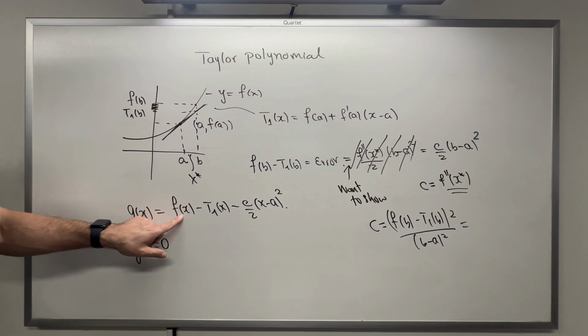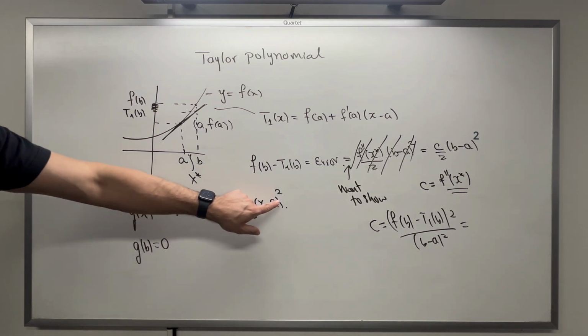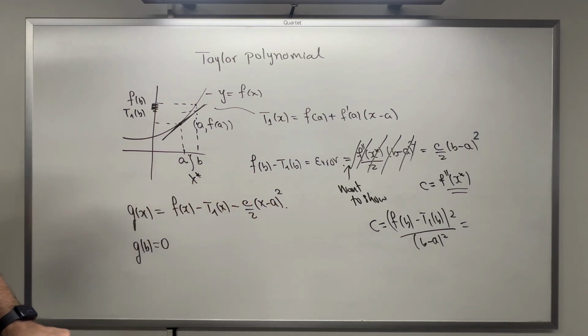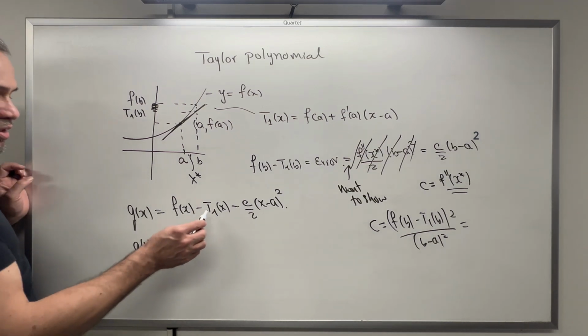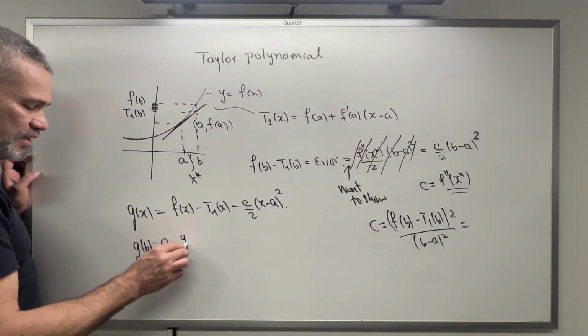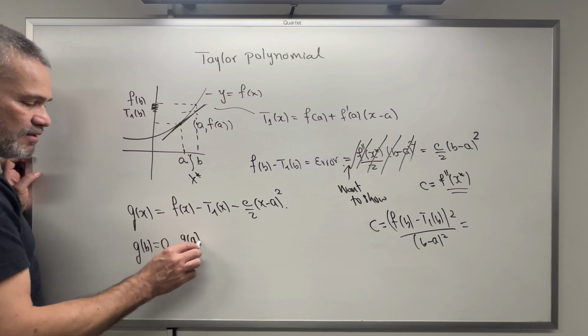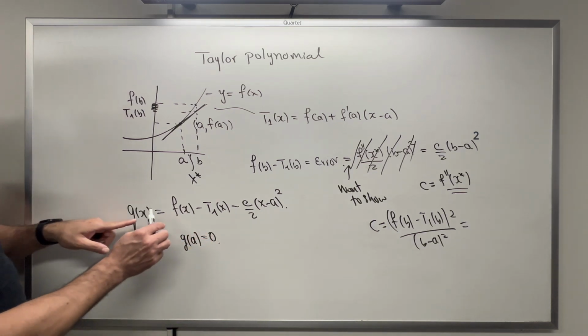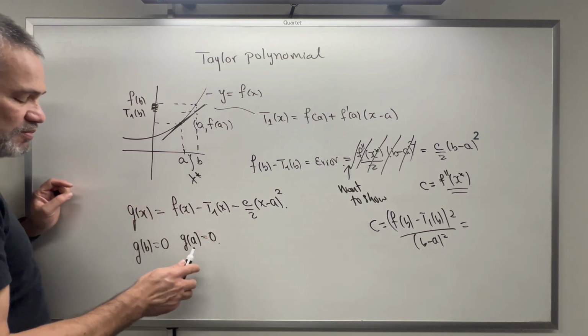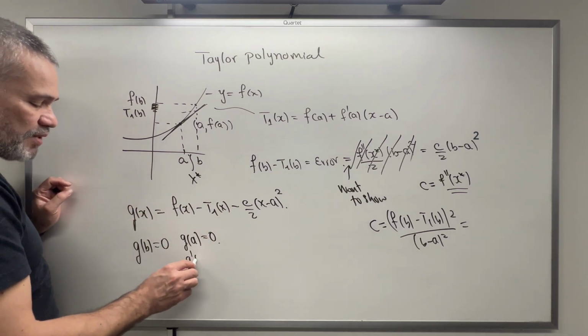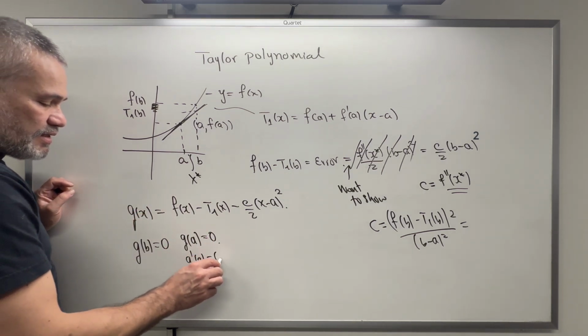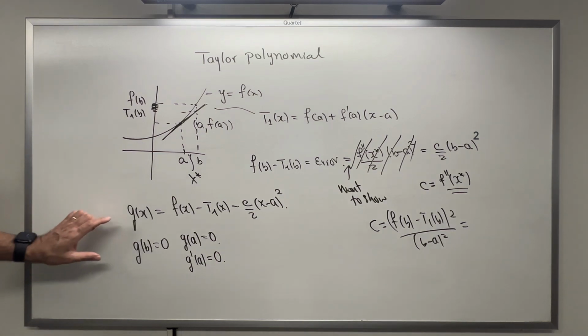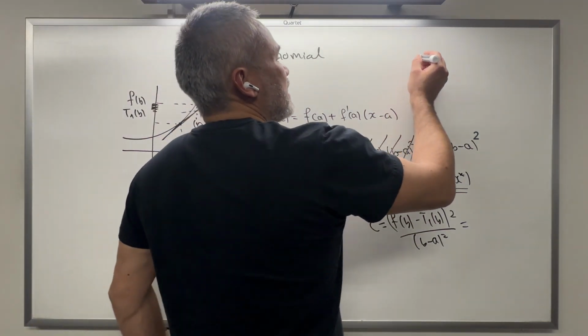G of b is f of b minus t1 of b minus this, which is equal to 0. On the other hand, we also know that g of a is 0. And since this is a first order approximation, it's easy to check that g prime of a is equal to 0.